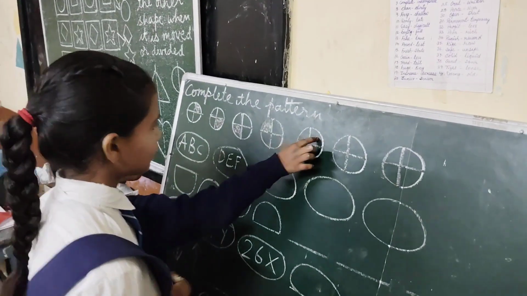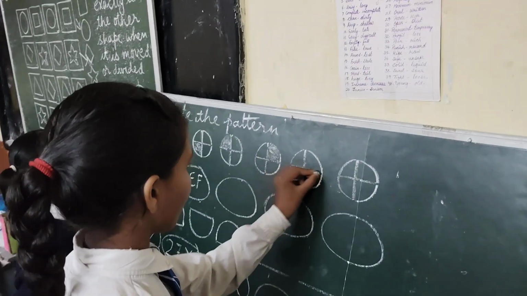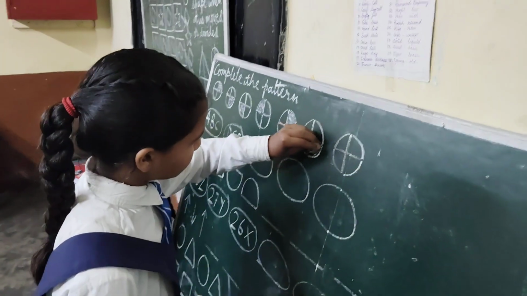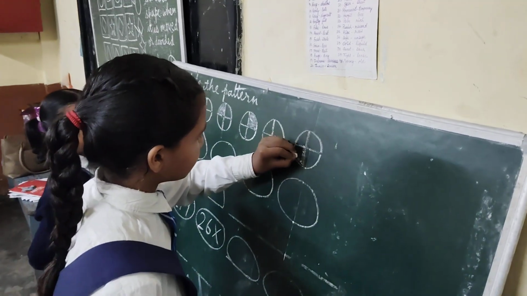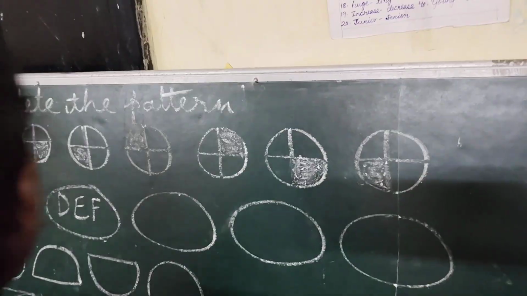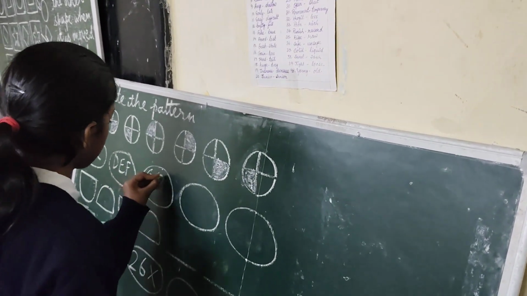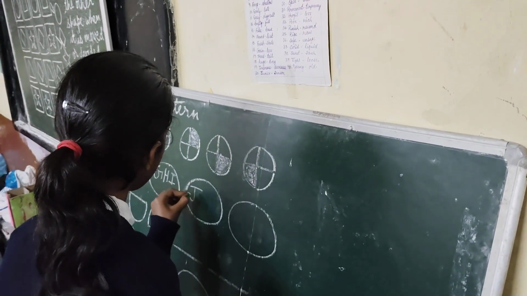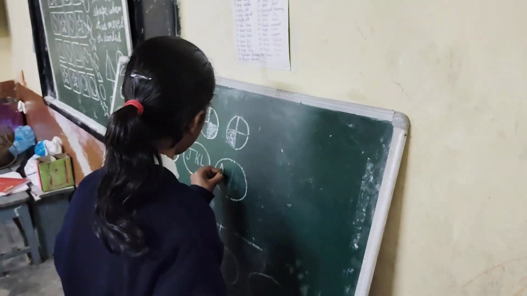Now complete the next. Now let her do. Okay. Yes. Now you understood, no, Pritkar? Good. Is she correct? Yes, miss.